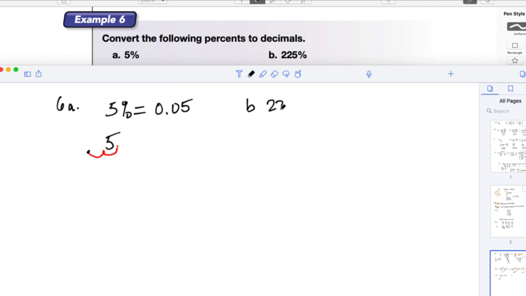So we take that 225 that we have here. We move the decimal point back 2 spaces, 1, 2, and we end up with 2 and 25 hundredths. This is the decimal version of this percentage, and this is the decimal version of this percentage.